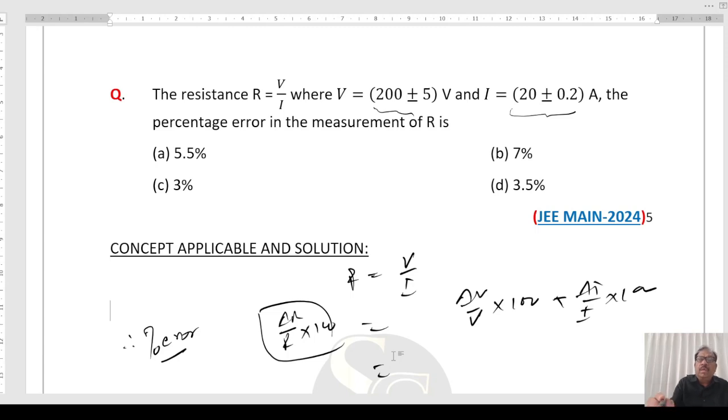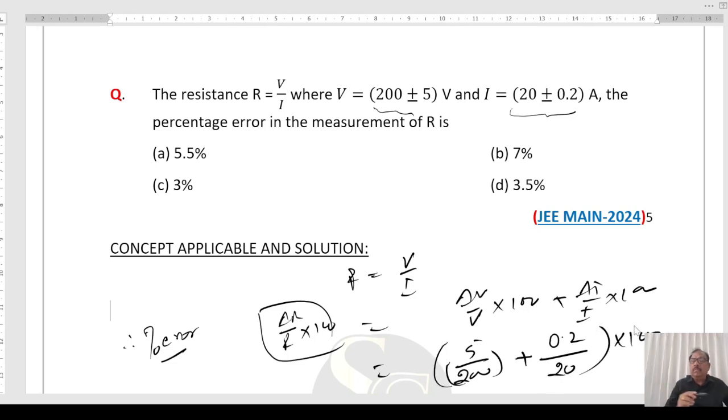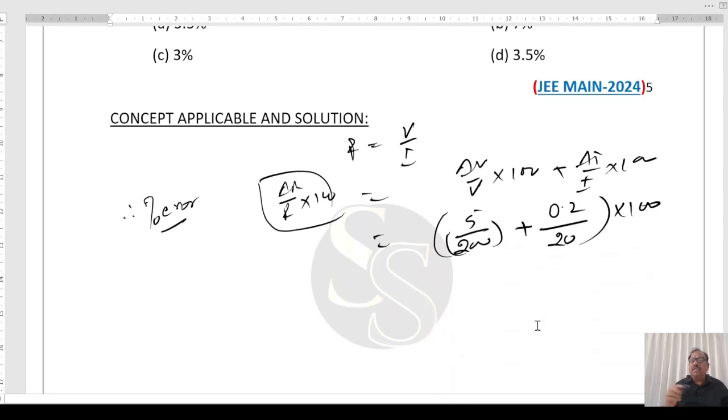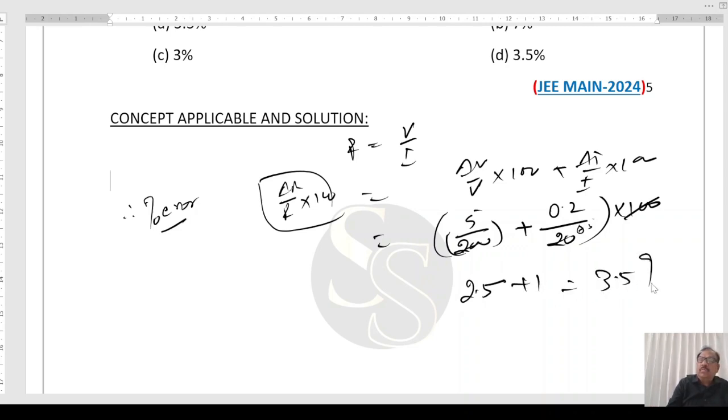Substituting the values, 5 upon 200 plus 0.2 upon 20, whole into 100. On simplification, this comes out to be 2.5 plus 1, that comes out to 3.5%. D is the correct answer.